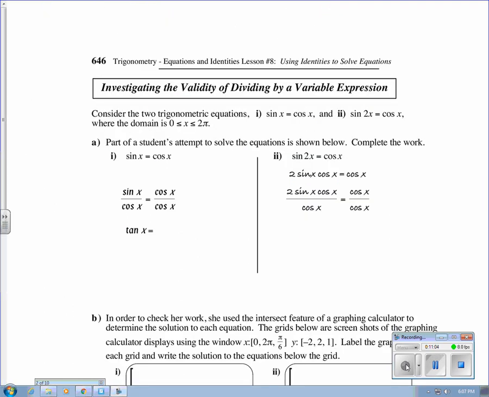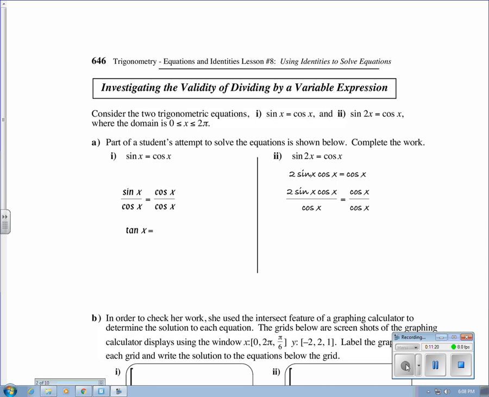One other quick comment to make. We're looking at the general idea of dividing by a trigonometric ratio. When is it okay to divide by a trigonometric ratio? In general, I would not.